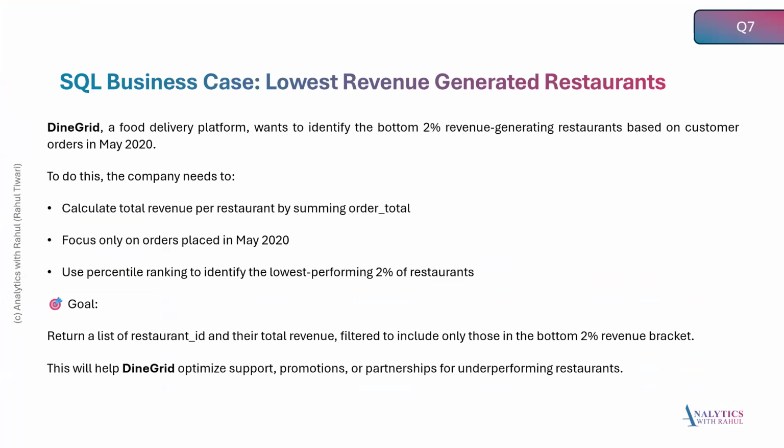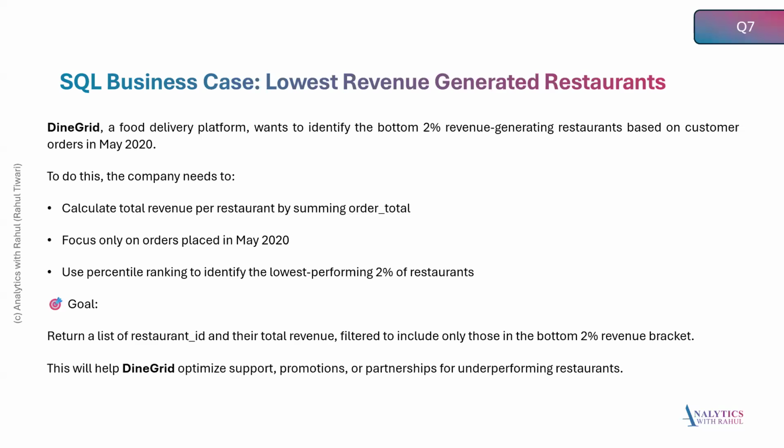DineGrid, a food delivery platform, wants to identify the bottom 2% revenue generating restaurants based on the customer orders in May 2020. To do this, the company needs to calculate total revenue per restaurant by summing order total. Focus only on orders placed in May 2020.